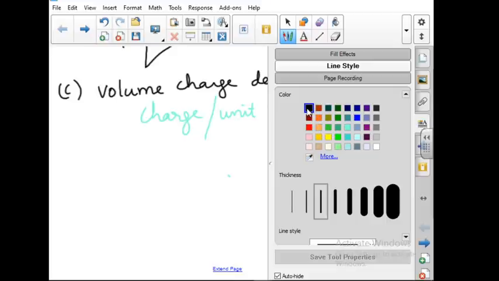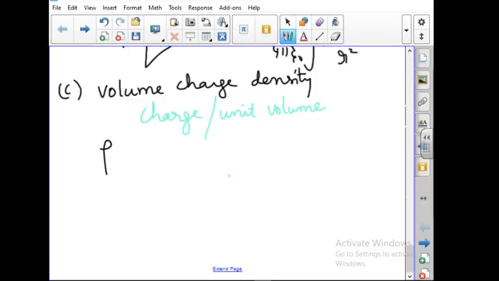This volume charge density is represented by the letter rho. Rho is equal to Q by V, that is, charge per unit volume. Lambda represents linear charge density, sigma represents surface charge density, and rho represents volume charge density.